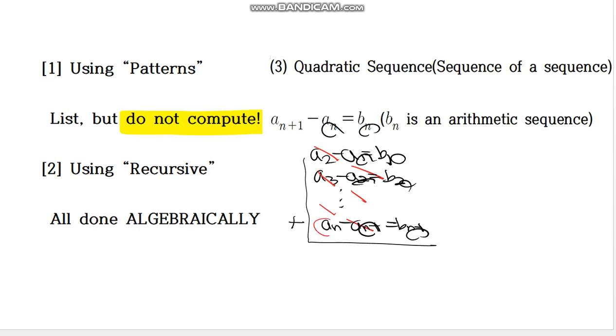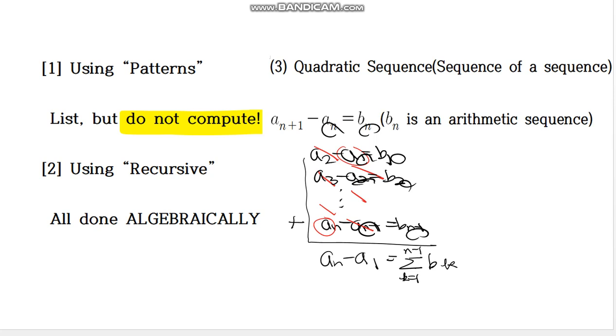So An and A1 are the only things that you see on the left-hand side. Therefore An minus A1 equals the sum of k from 1 all the way up to n minus 1 of Bk, right? So again, whichever way you choose, you will end up getting the same result.